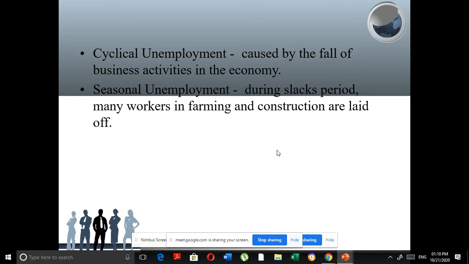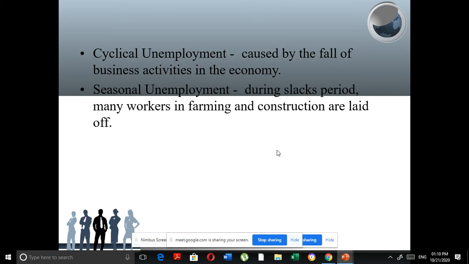And we have seasonal unemployment, one more kind of unemployment too. I think all of you heard about it. During the tax period, many workers who are working in farming and construction are laid off. So you can say this is seasonal unemployment. So there are four kinds of unemployment.